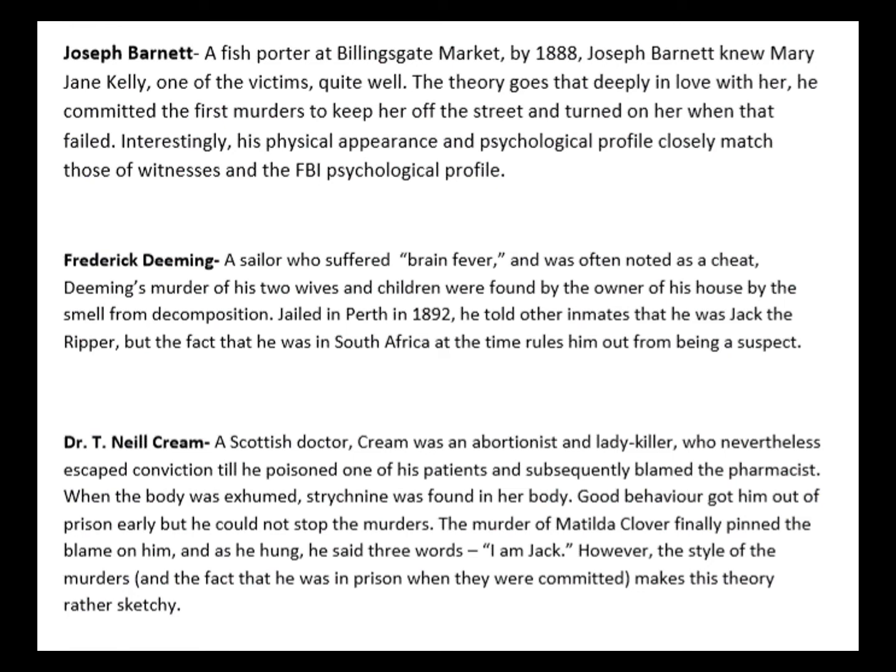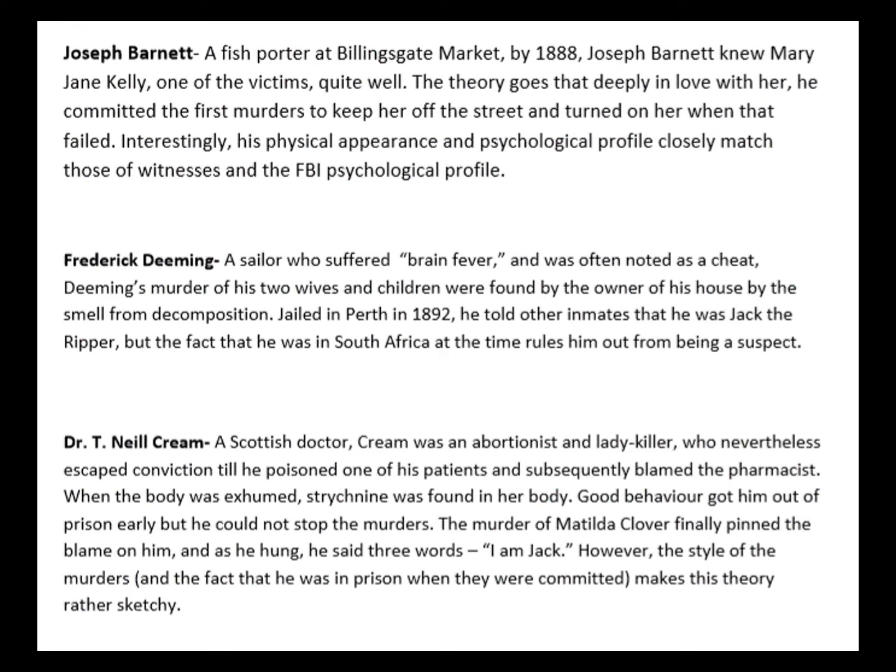Our next suspect is a man called Frederick Deeming, who was a sailor, who again was known to suffer something called brain fever, which is fits of madness, which is again a pattern that we're seeing developing here, and was often noted as a cheat.